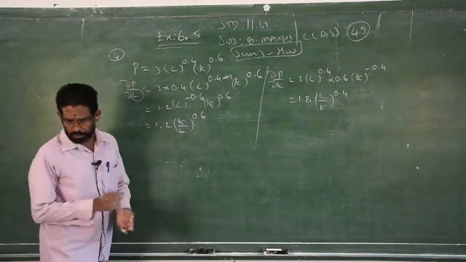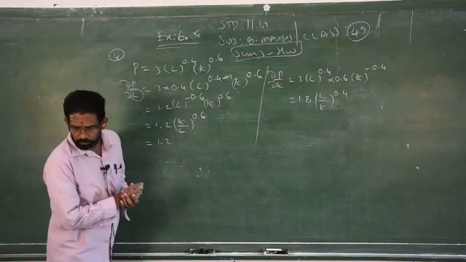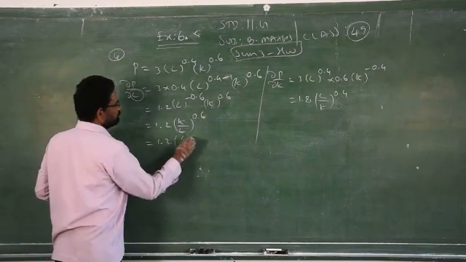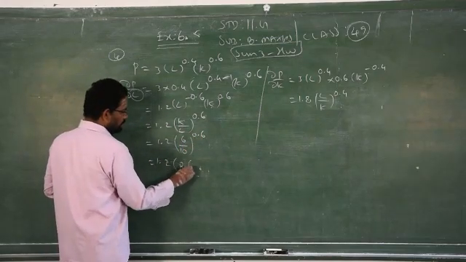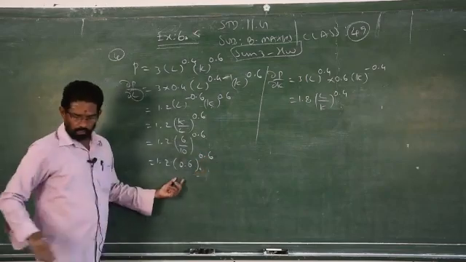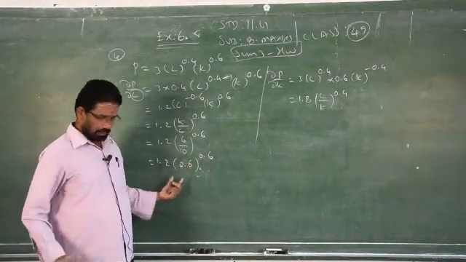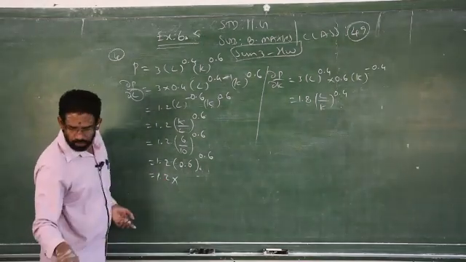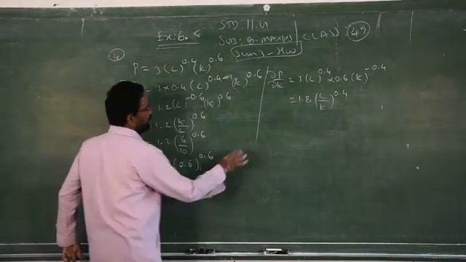Now what are L and K? L and K are given very simply. The L value is 10, K is 0.6, 1.2 by 0.6, power 0.6. The value for 0.6 to the power 0.6 is given, so you just have to multiply the given values. It is already given in the question itself. 0.736, you will get the answer.